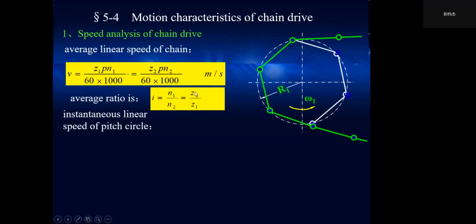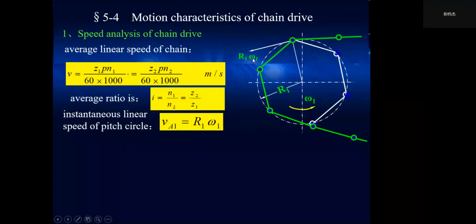For each cycle we have this instantaneous linear speed, R1 times omega 1, of the driving sprocket.